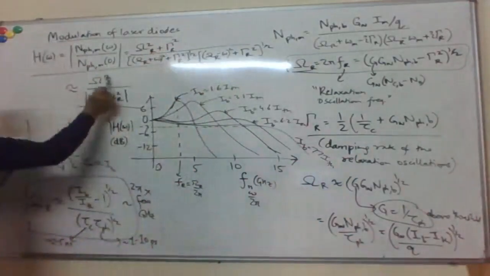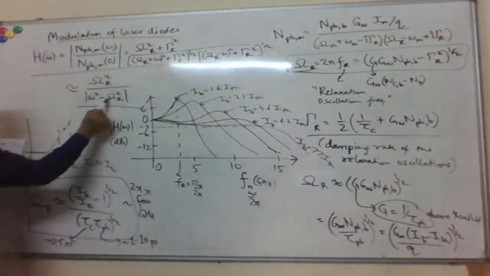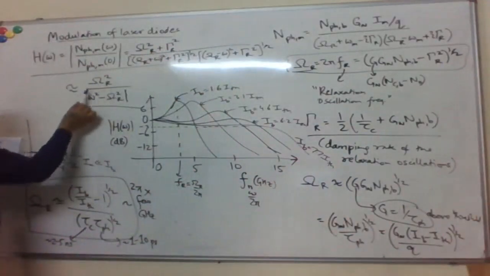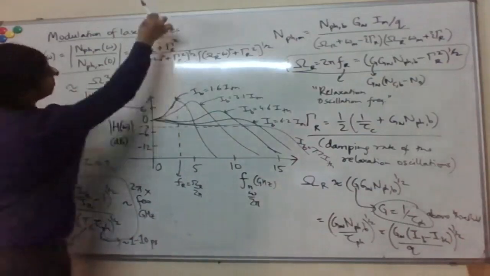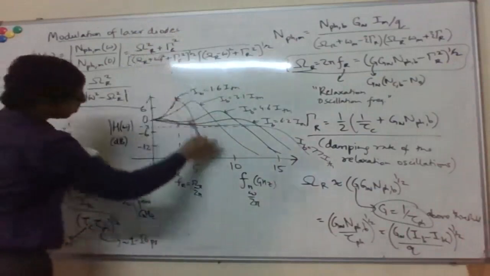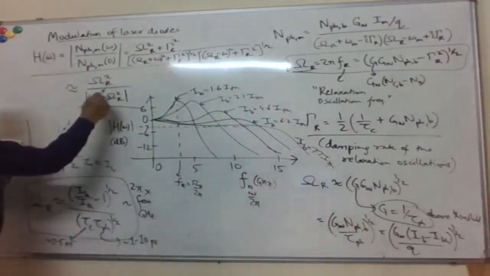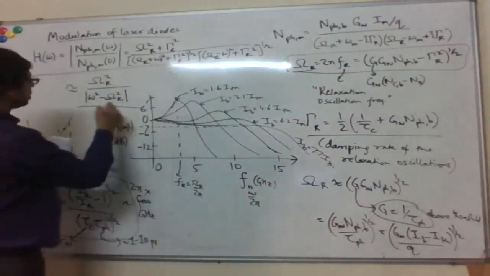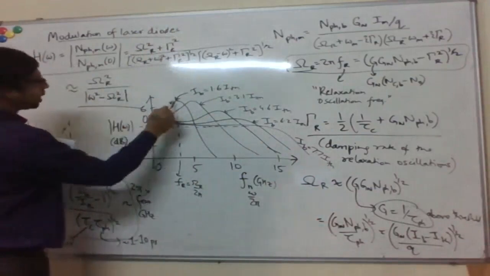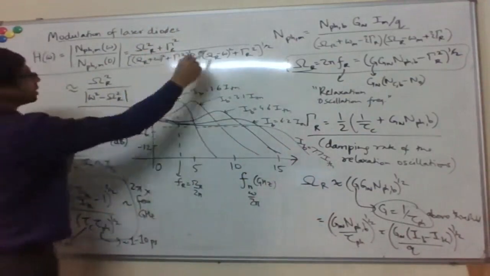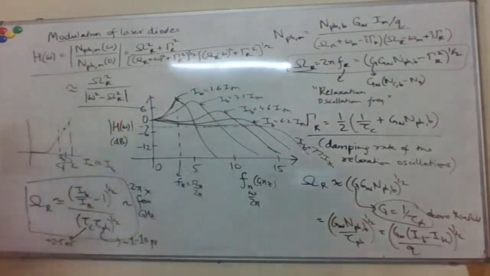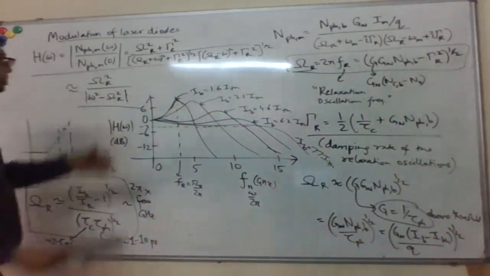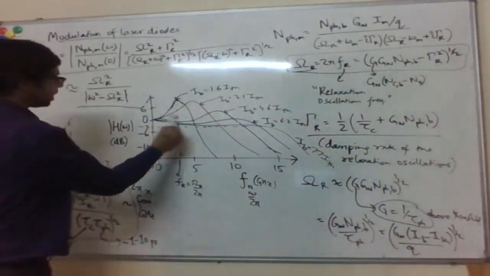For the approximate expression, at omega equal to omega r, this actually blows up to infinity and then comes down again. So the approximate expression doesn't work well at omega equal to omega r; there you have to use the complete expression to get this finite peak. But it works well away from the peak.